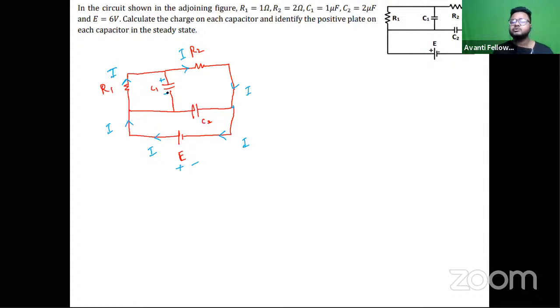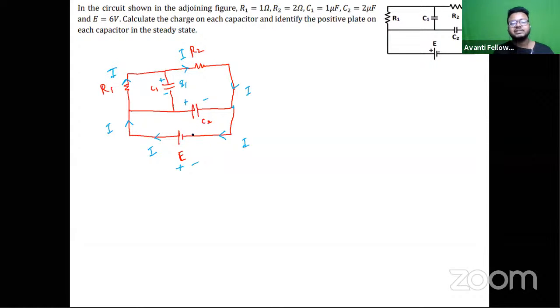Choose this as positive, this as negative. Don't worry about the direction. Any plate in the starting, choose positive or negative. This is just the assumption you are trying to do. So this is the initial step that you used to do.